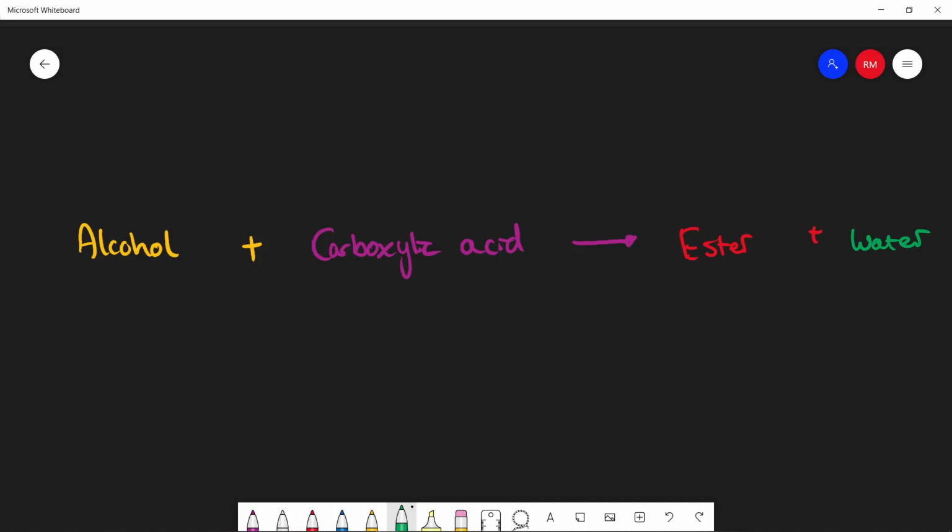The formation of an ester is actually a reversible reaction, and the forward reaction is condensation. You may have heard these terms from biology. And the backwards reaction is just hydrolysis, where you add the water again to form the carboxylic acid and the alcohol.